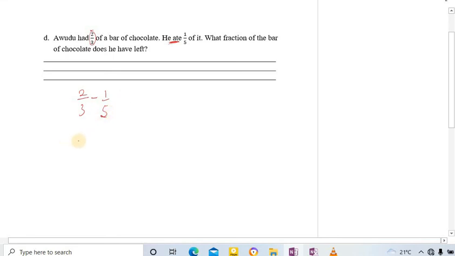LCM of 3 and 5 is 15. 3 into 15, how many times? 5 times. 5 times 2, 10, minus 5 into 15, 3 times. 3 times 1 is 3. That would be equal to 7 all over 15. So 7 out of 15 left.